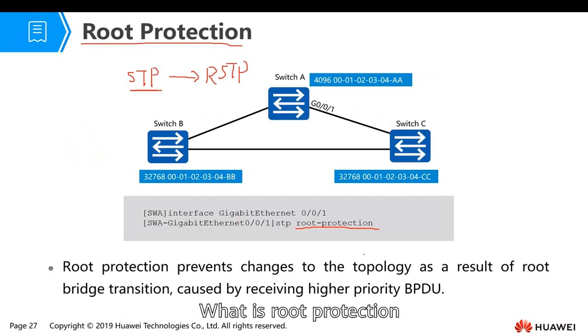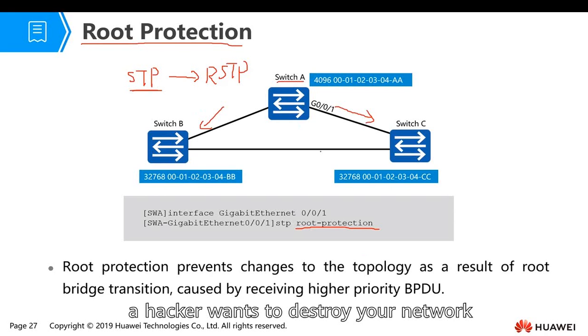What is root protection? Say in this network, the root is switch A. So switch A will send the BPDU out. If there is an attacker, a hacker, who wants to destroy or disturb your network, what will he do?